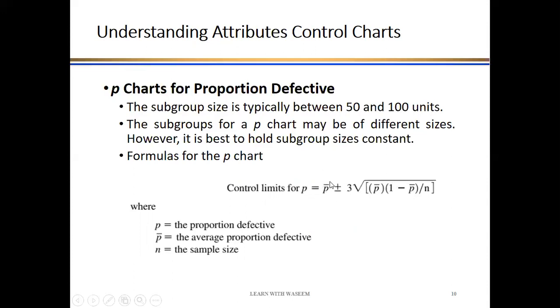Here, P bar would be the central line, and if we use the plus sign here, then it would be the upper control limit. And if we use minus instead of plus, then we will have the lower control limit. So p is the proportion defective, P bar is the average proportion defective, and n is the sample size.